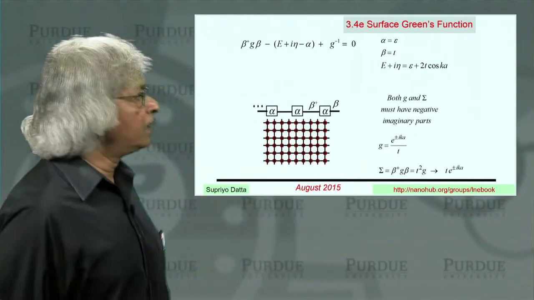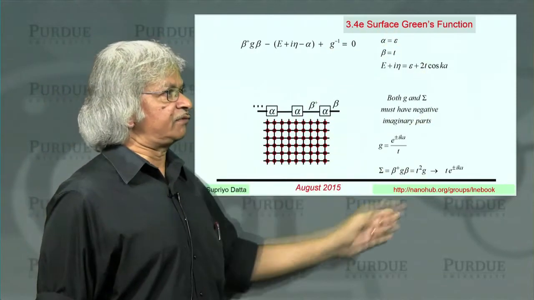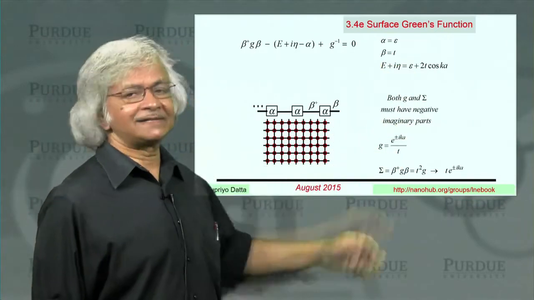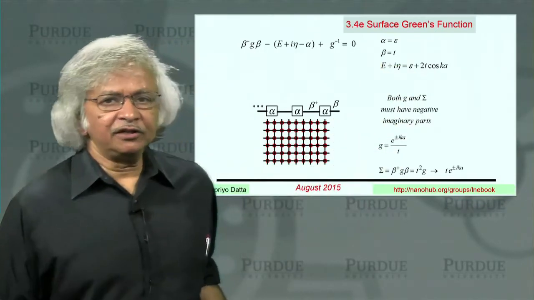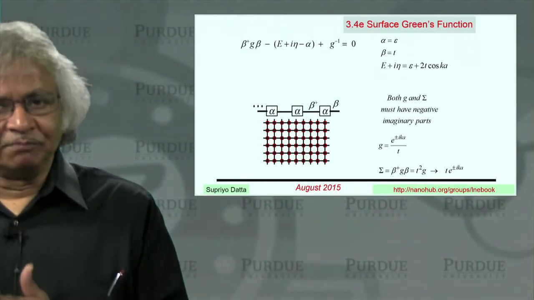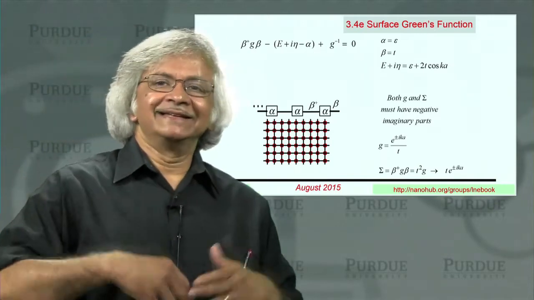Now, what we have just looked at is, of course, this special case of a 1D chain. And of course, if this is the only problem you are interested in, then you didn't need this method. We had a satisfactory, much simpler method back in Unit 2. The reason we are doing this one is, this is general.